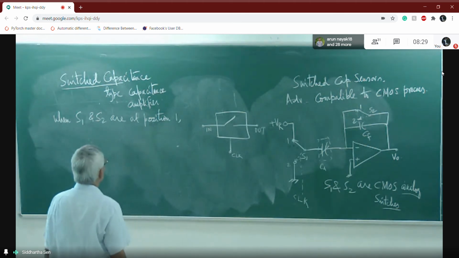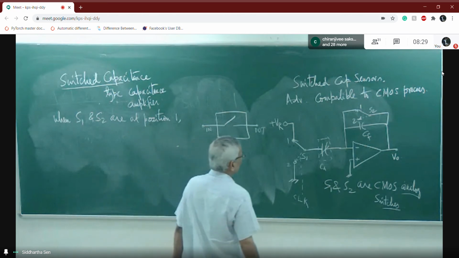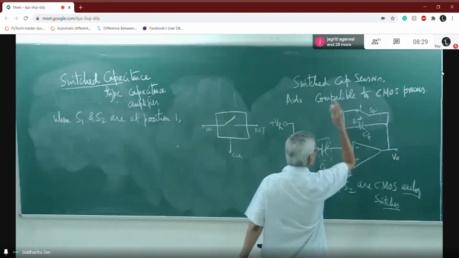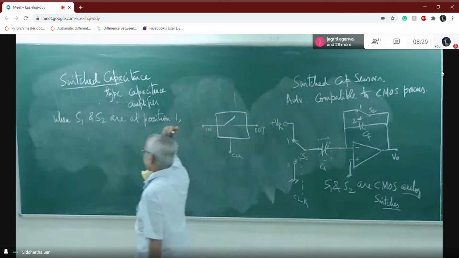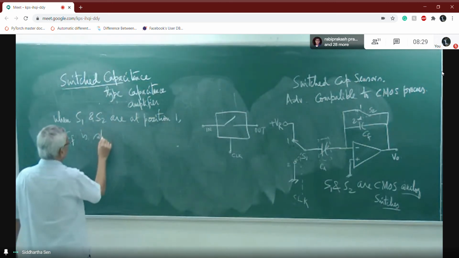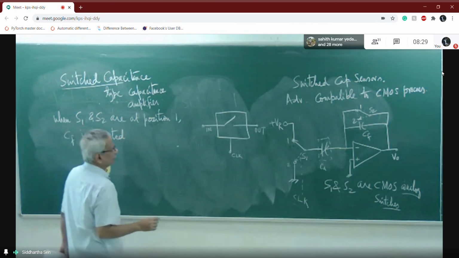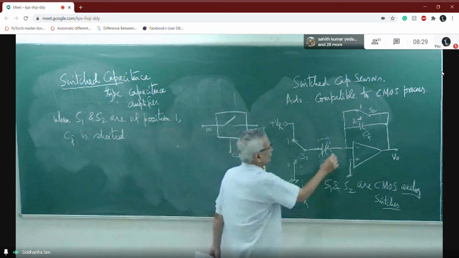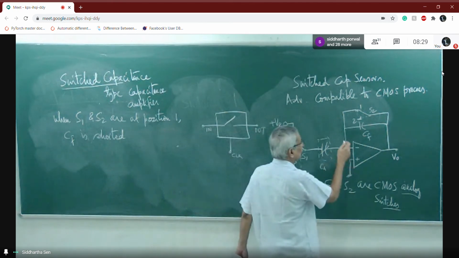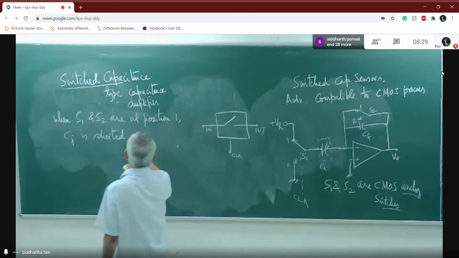When S1 and S2 are position 1, then what will happen? This CF is shorted. So, if CF is shorted, naturally, if this point voltage is 0, then V0 is equal to 0.